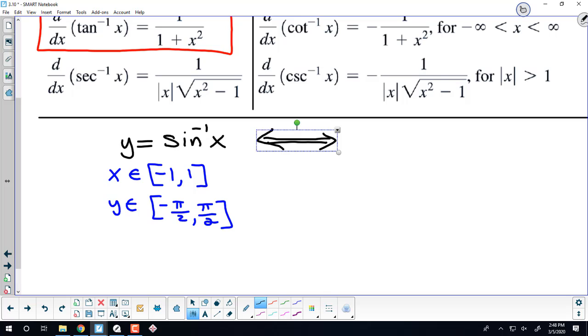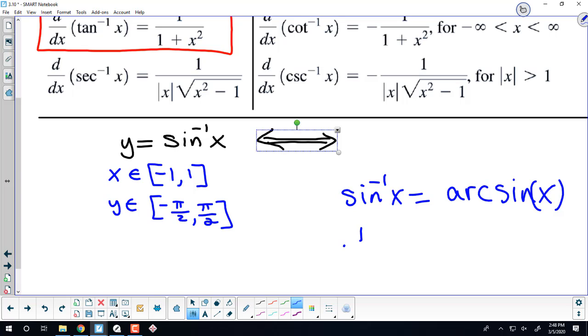Sometimes, just for clarity, the inverse trig functions are written with arc in front of them, just so we know that that's the inverse sine, because this isn't the same thing as 1 over sine. So don't get those confused.